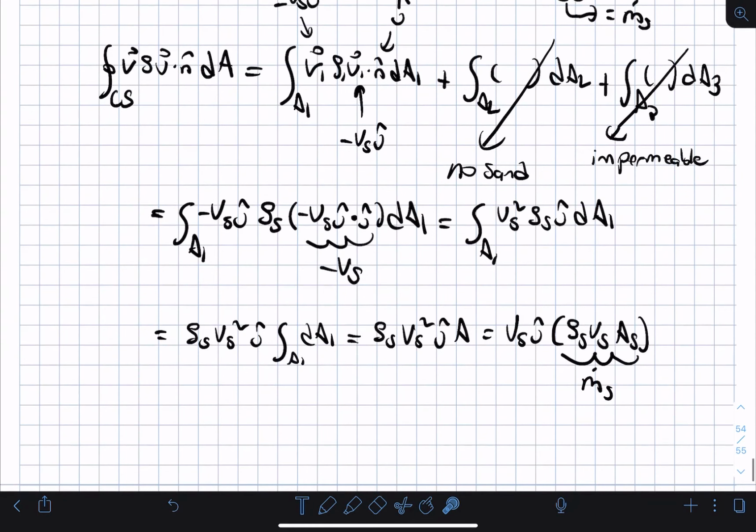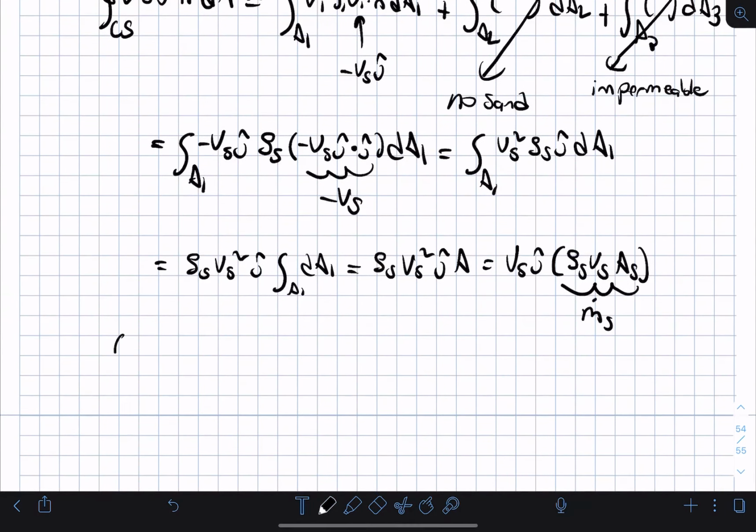So this implies that the nasty-looking surface integral of v rho v dot n hat dA is equal to the mass flow rate of the sand times Vs j hat.